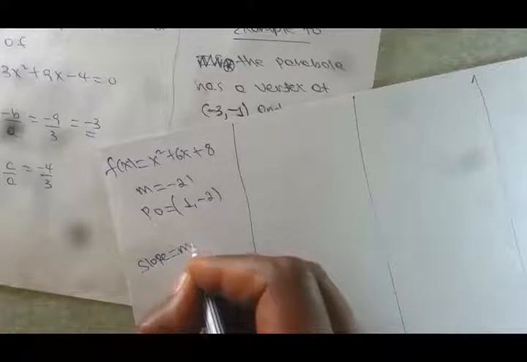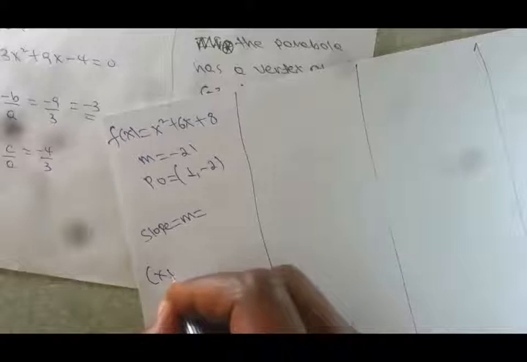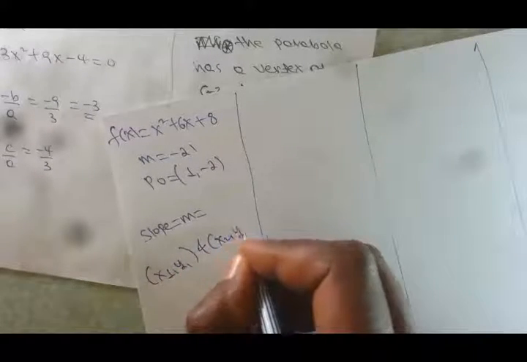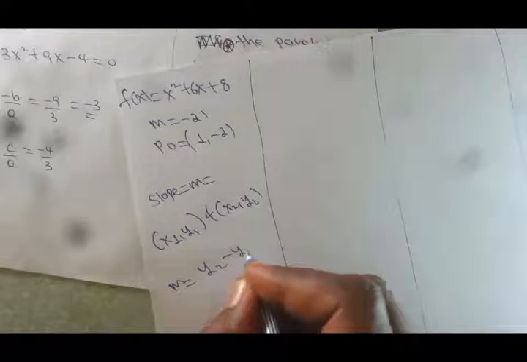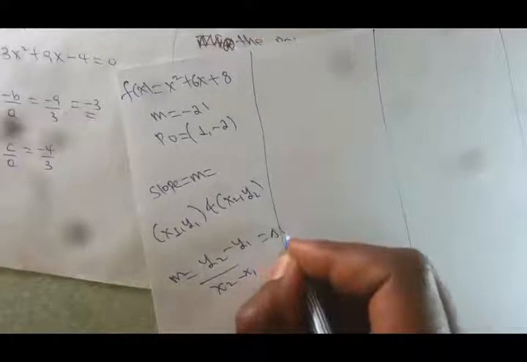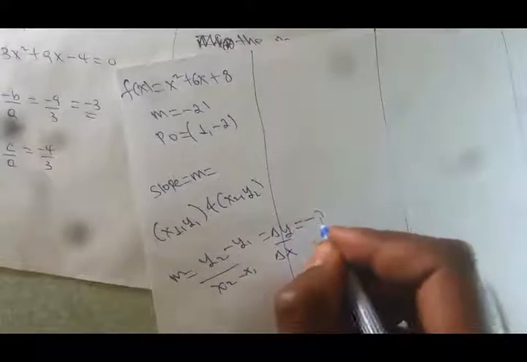Slope means m, which is equal to, when you are given 2 points x1, y1 and x2, y2, m is equal to y2 minus y1 over x2 minus x1, or change in y over change in x. Change in y over change in x is already given as minus 1.